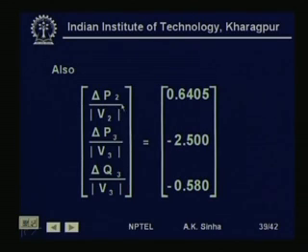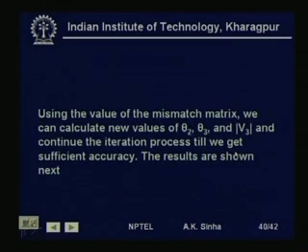Once we have that, we have del P2 by V2. V2 is given as 1.04, so 0.6661 divided by 1.04 gives me this. Del P3 by V3: V3 is 1.0, so we get minus 2.5 by 1, which is the same as minus 2.5. Del Q3 by V3 is minus 0.58 by 1, which is the same as minus 0.58.